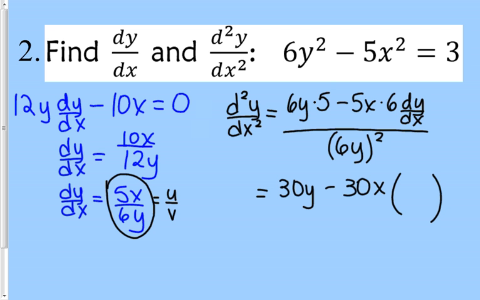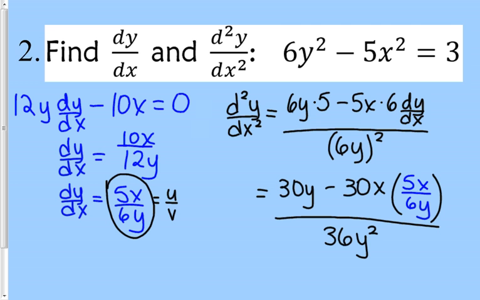So I need to plug that in. 5x over 6y. And then all of this was over 6y squared, which if I simplify that, it's 6 squared and y squared. So 36y squared. I wonder how many of you are just going to write 6y squared. That would be wrong.